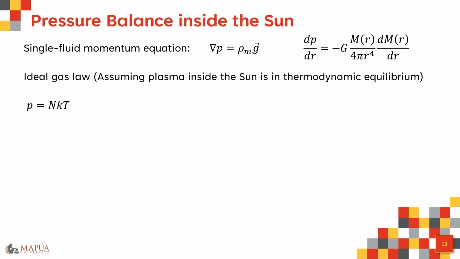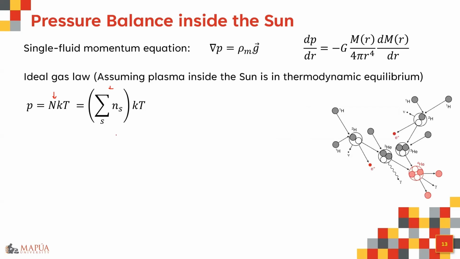No? Because we know that inside the sun there are several particles. So this N is actually a sum over the different species. So what are these species? Recall when we discussed the generation of energy through nuclear fusion.